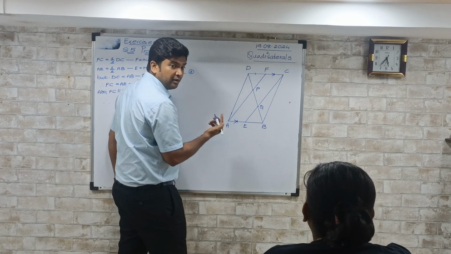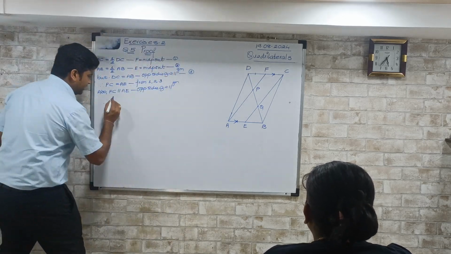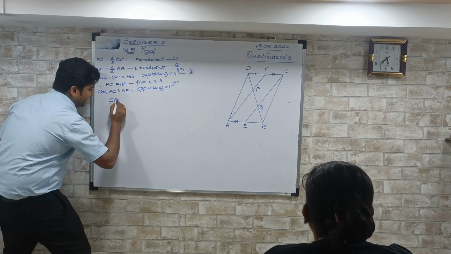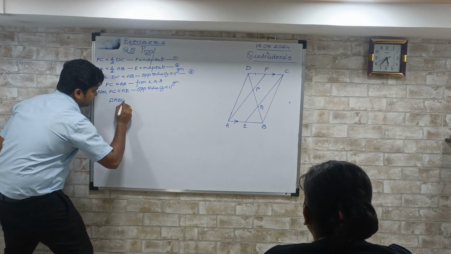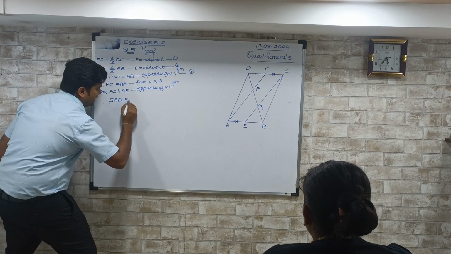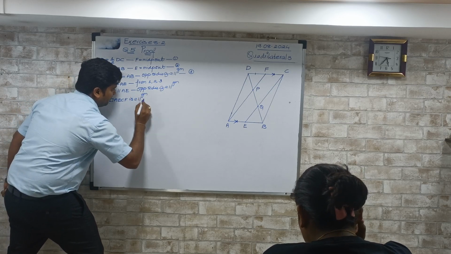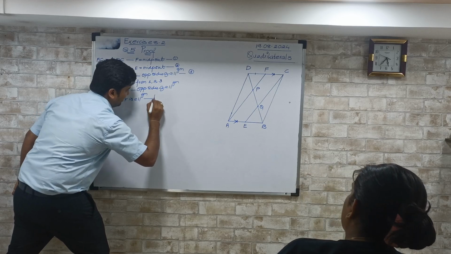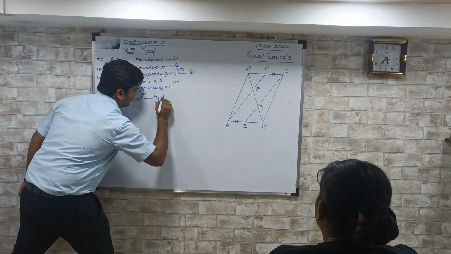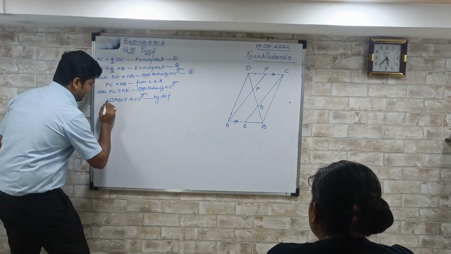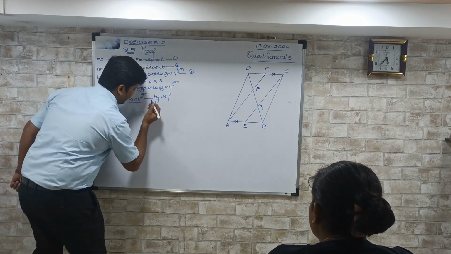So what figure is that? Parallelogram. Now sang beta. Quadrilateral AECF is a parallelogram by reason काय टाकणार बेटा? By definition. Beautiful.